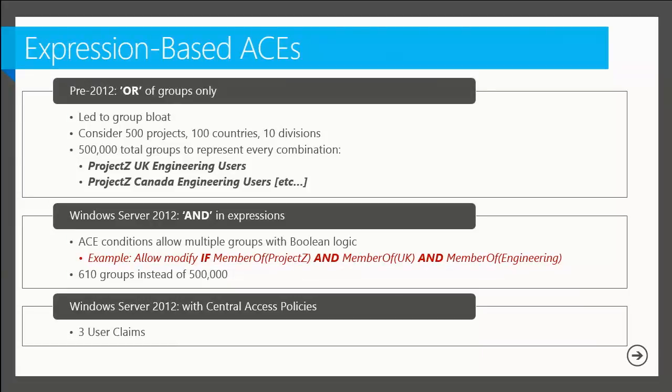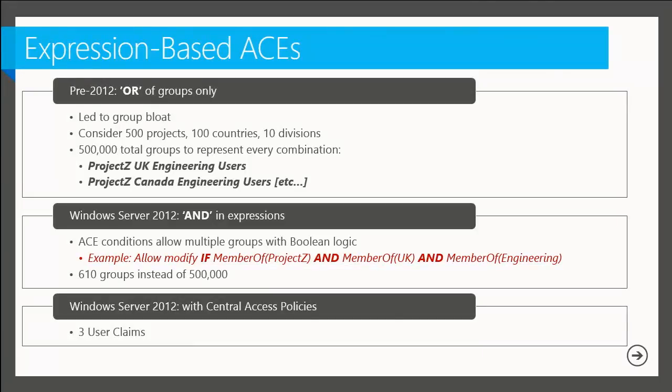We don't need groups. All we need is a couple of user claims. We need to know which project a user is on, or which projects, which country a user is part of, and which division they are a part of. We don't need any groups suddenly. That in and of itself, I can create ACLs that do exactly the same thing.